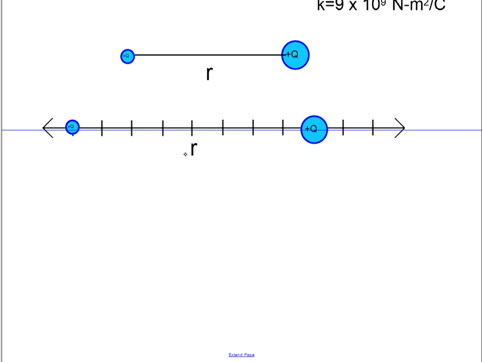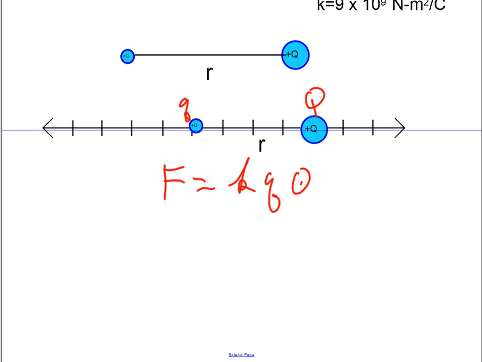Supposing we have a force between two charges, and say the distance between them is r. The force, of course, is given by k, little q, big Q, over the distance between them squared.